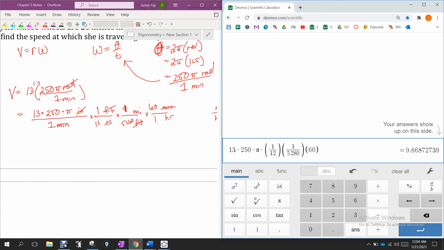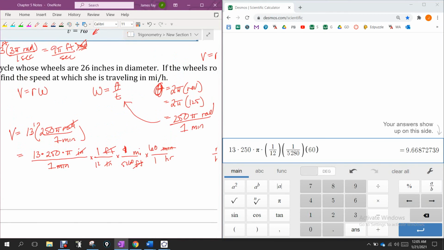It's late. And then times 60. So that's going to be 9.668 miles per hour. Okay, and again, that's something that we can relate to that distance a little bit easier than something in regards to inches per minute.